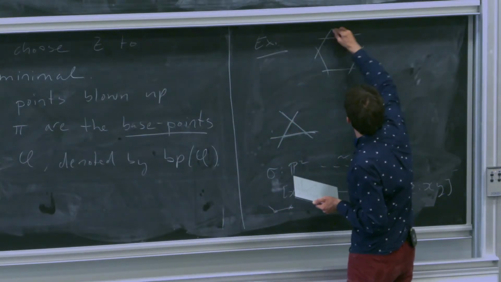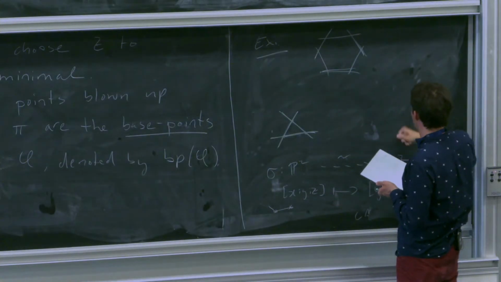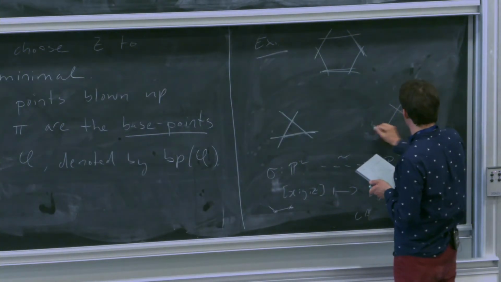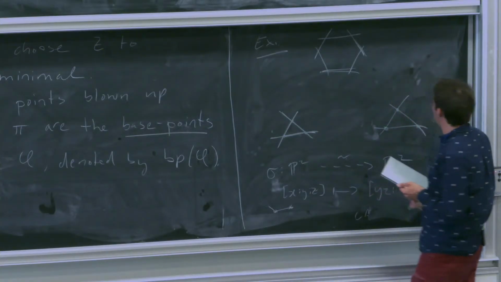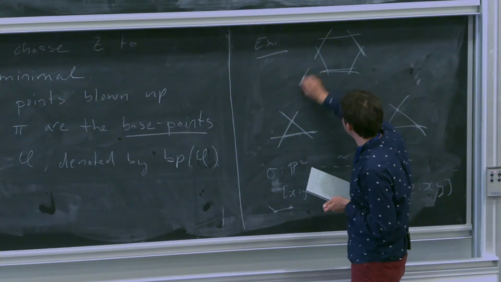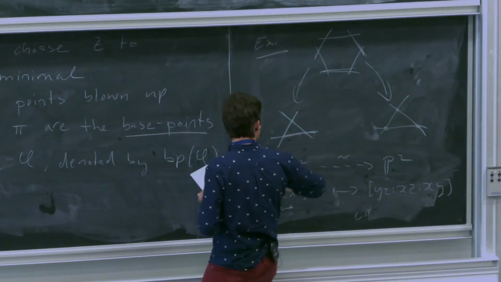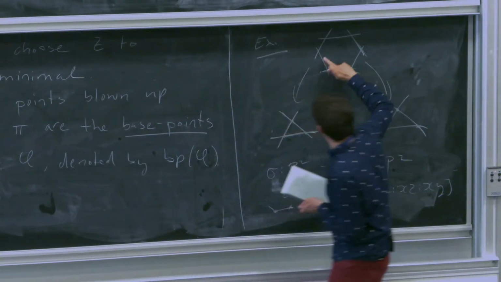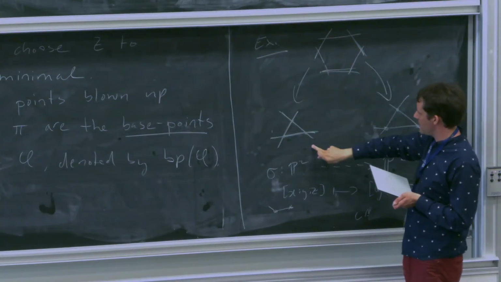So we see them here, and then we contract the coordinate lines and end up again here, and have them contracted to points. So here we have 3 base points. And also we are lucky because all of them are already contained in P2, but it could, of course, happen that we have to blow up points that are contained on this line, so points that we haven't seen down here yet.